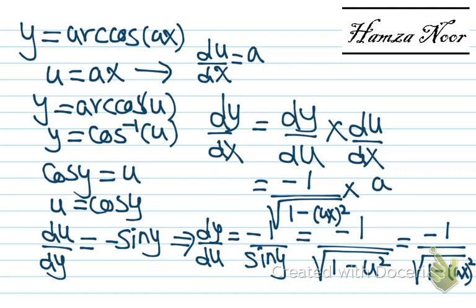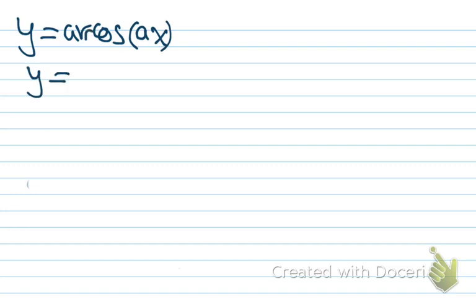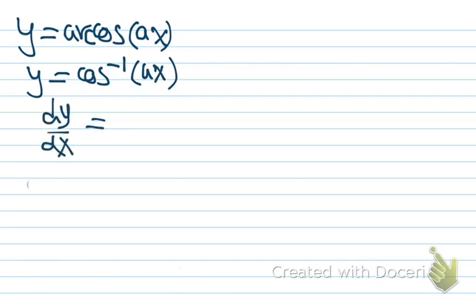So therefore we can say that when y is equal to arccos ax, y is equal to cos inverse ax, the dy over dx function will be equal to minus a upon under root of 1 minus ax, the whole thing squared, and this formula is proved by the working.